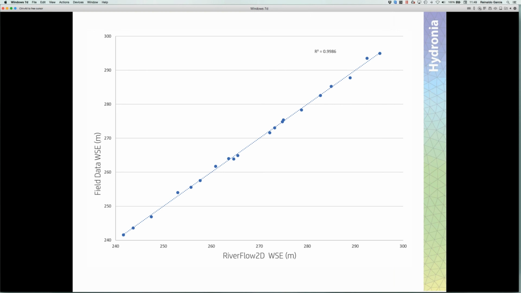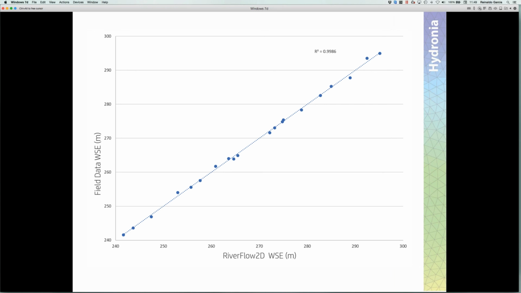These are results from the Red River of the North and correspond to about 20, 30 measuring points along 420 river miles of the Red River of the North in the United States.